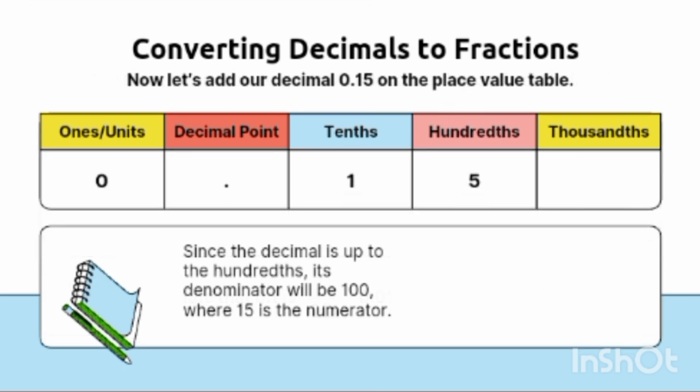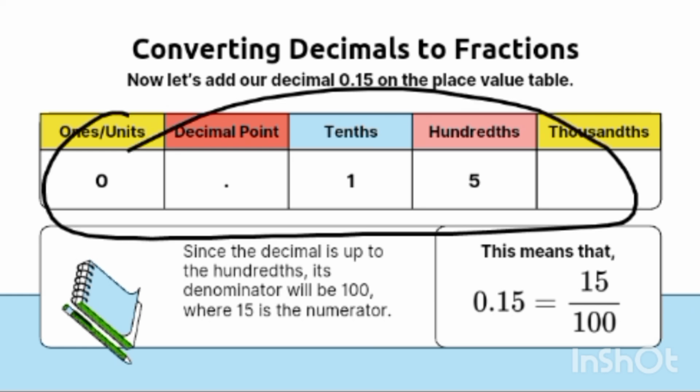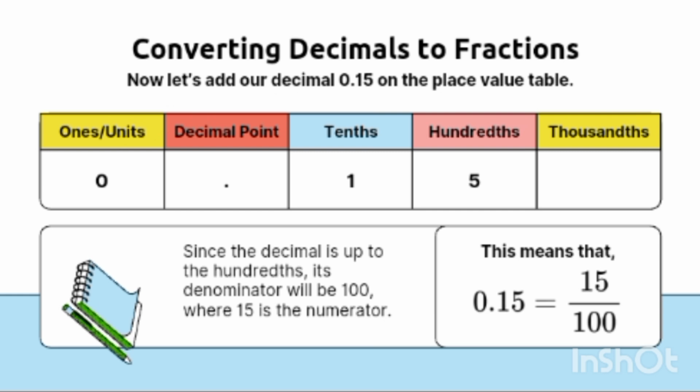Let's convert some questions. In the first question we have 0.15. There are two numbers after the point, so there will be two zeros, and 15 was after the point, so we put 15 in the numerator.